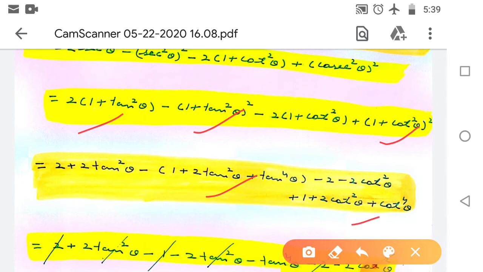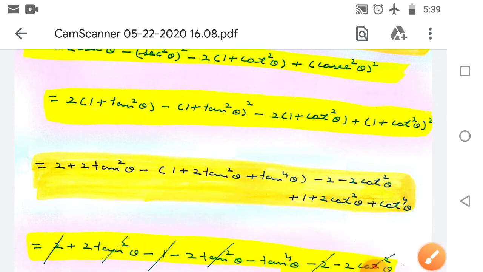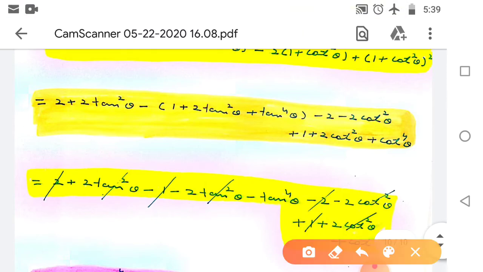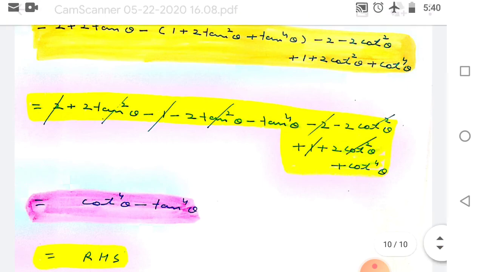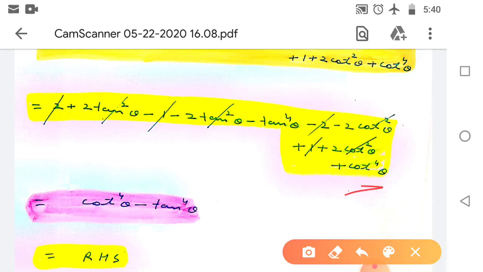Open the bracket, and since there is a negative sign in front of the bracket, the internal signs will change. We are able to cancel this 2 with this minus 2, plus 2 tan square theta with minus 2 tan square theta, minus 1 with plus 1, and we are left with cot 4 theta minus tan 4 theta, and this is the RHS.